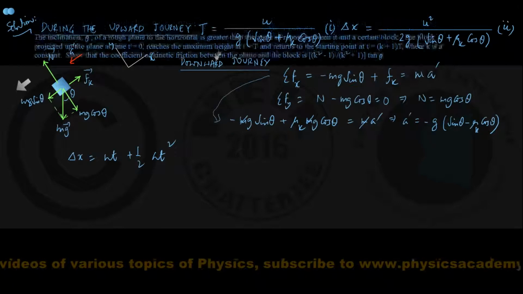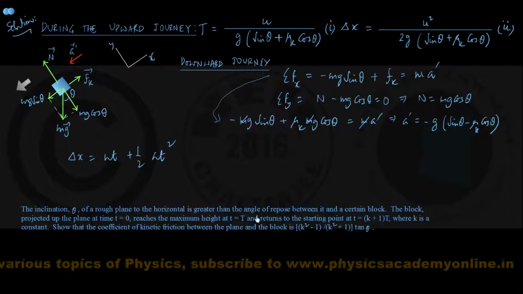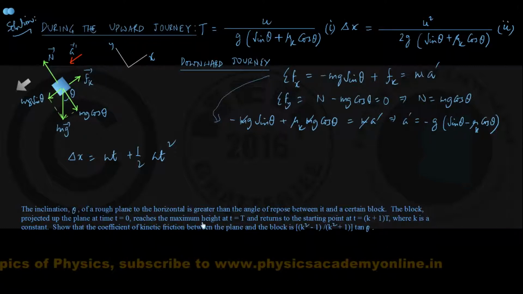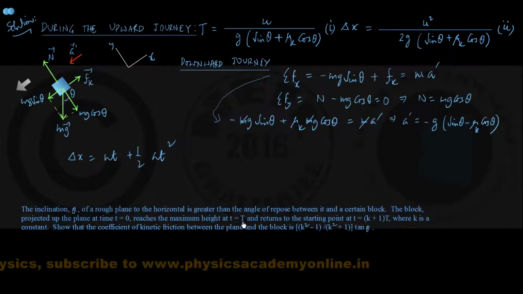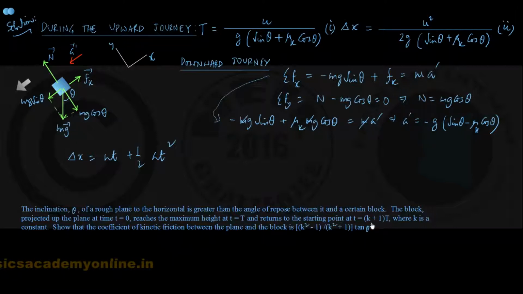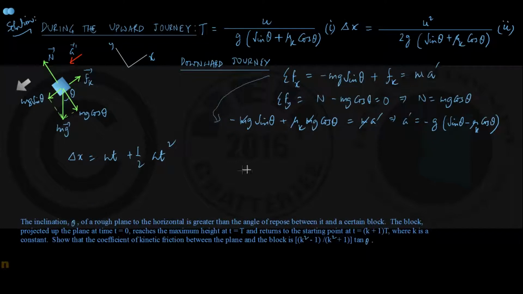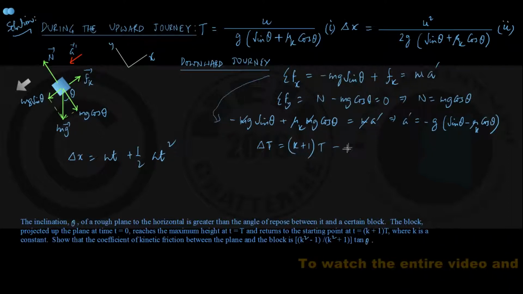If you remember the question, they have said, let me say it here once again, at the end of upward journey, time was capital T. And at the end of return trip, that is upward plus downward journey together, the time was k plus 1 into capital T. And therefore, I might write down the time for downward journey alone, that is delta T, is coming out to be the final time k plus 1 into capital T minus the time taken for the upward journey only.